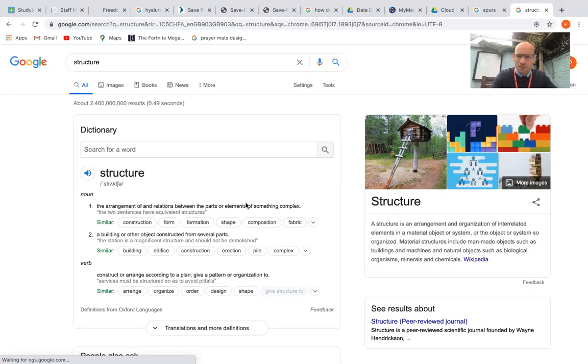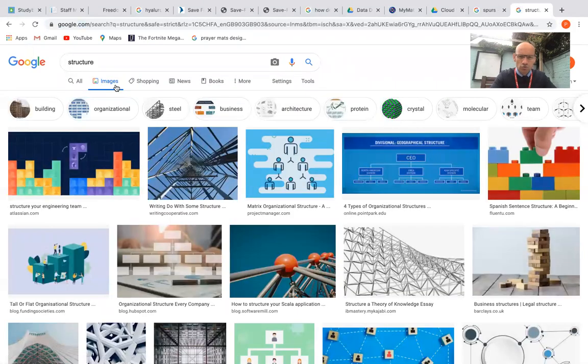That's quite hard for me to understand, so I'm going to read this one here: construct or arrange according to a plan. I know what construct means. So let's have a look at the images. Structures, structure. Okay, so I think it means something to do with construction, a building. And that is what it means. A structure is something that you would require in order to build something.